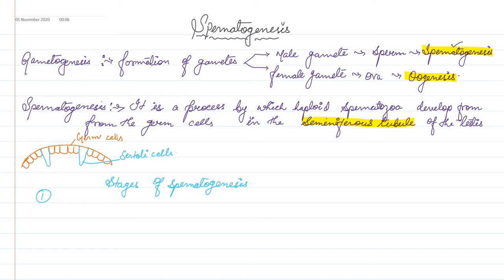First one is formation of spermatids, and the second one is spermiogenesis.